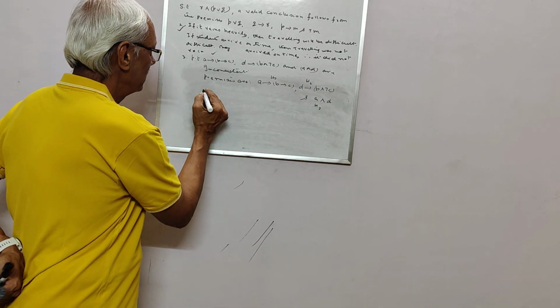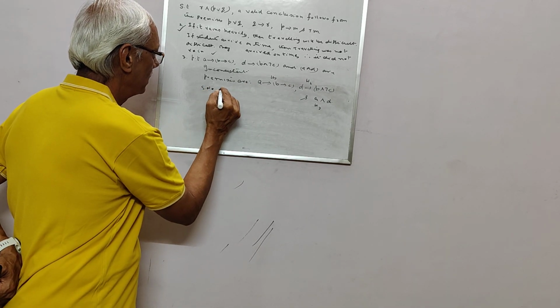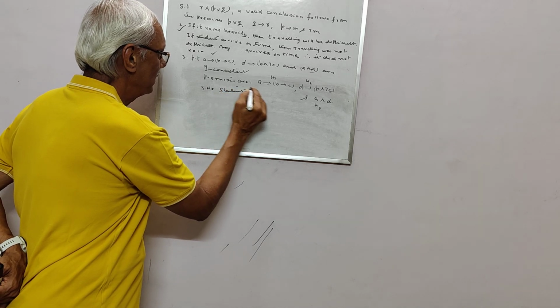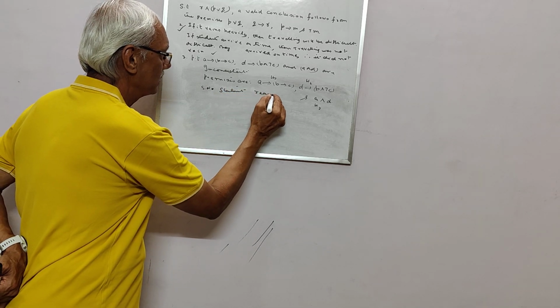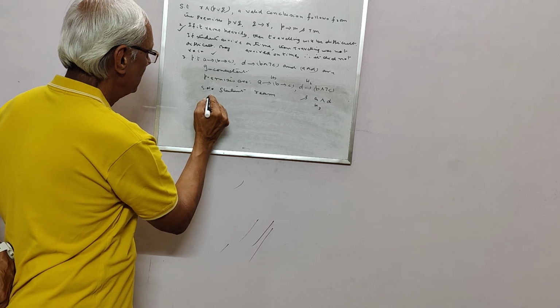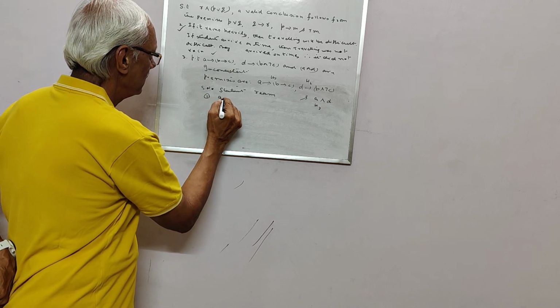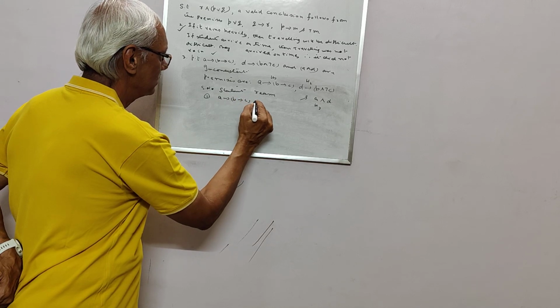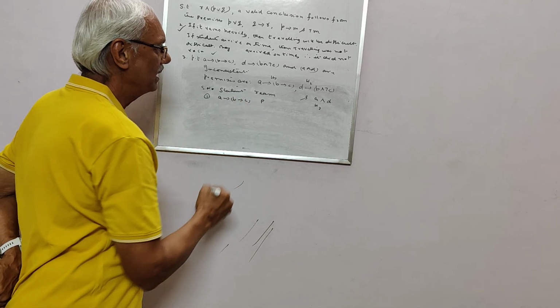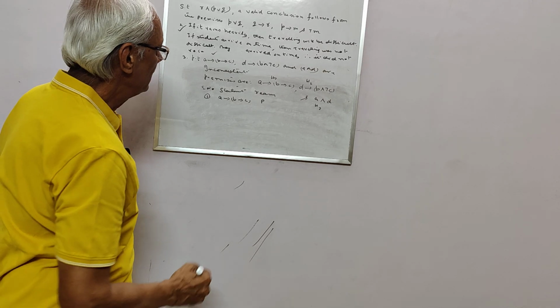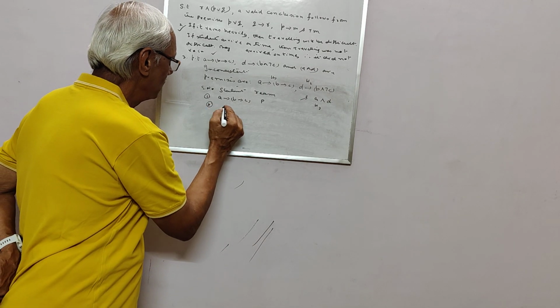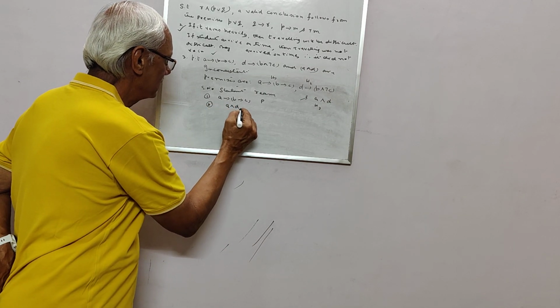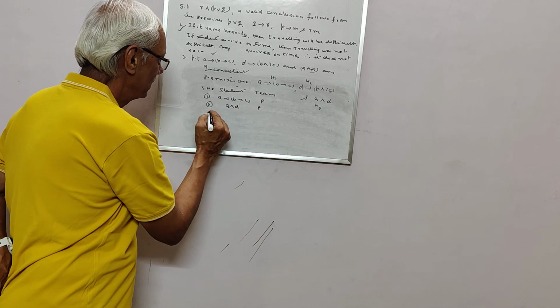Now what do you get here? Serial number, statement, reason. Now let me write here. First one is A implies B implies C. So this is your premise, it is given here. Then number 2, A intersection D, that is given.